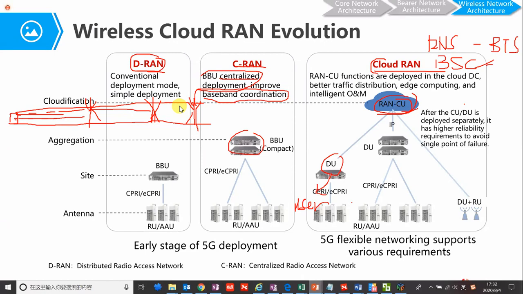You can see this is the future structure. This is our 5G's Cloud RAN, maybe used in the future. Actually, it also depends on the slice or the deployment, different services.